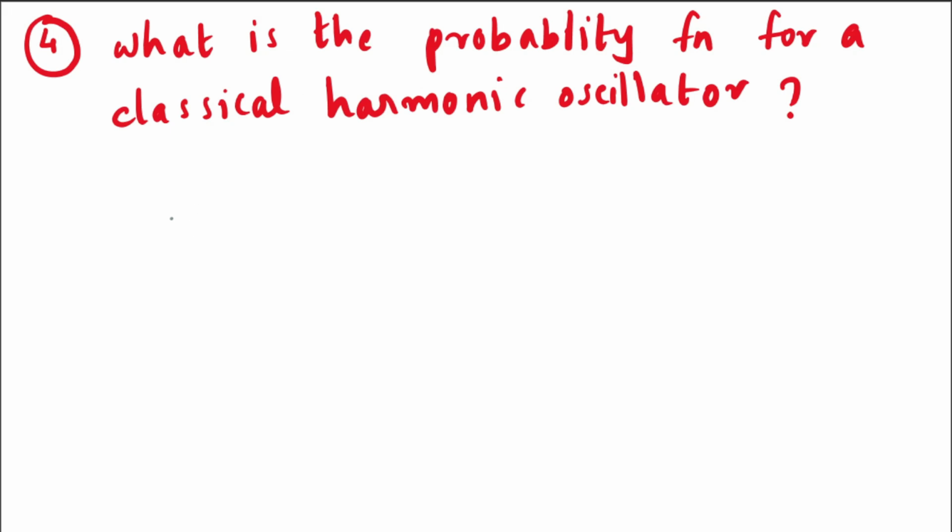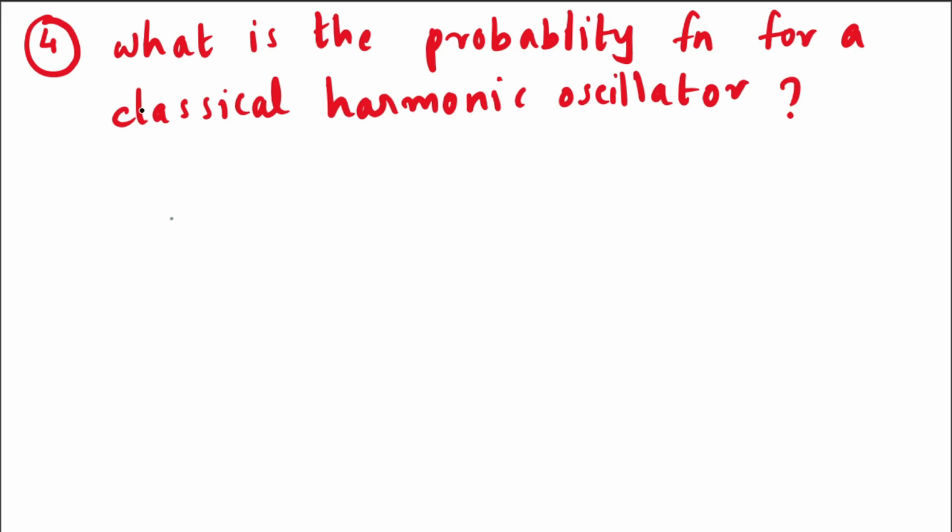Until now, we discussed the quantum harmonic oscillator, where the wave function comes in. But for the classical harmonic oscillator, what is the probability function? They expect you to remember the basics.